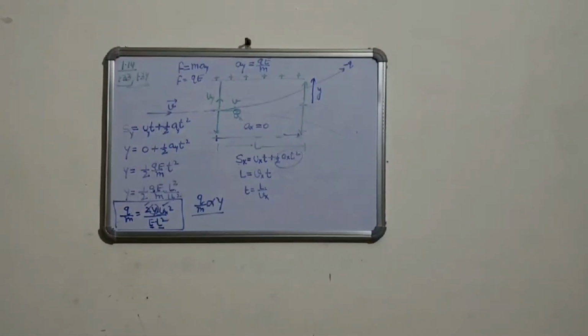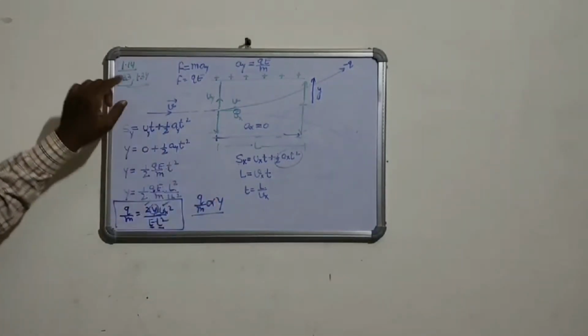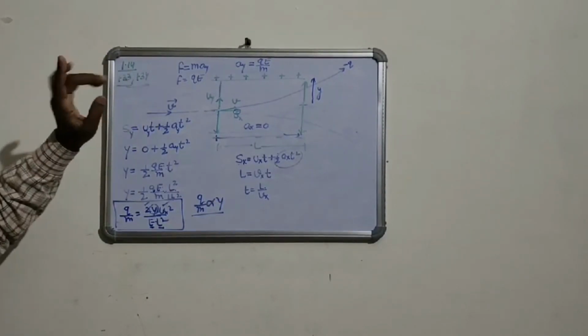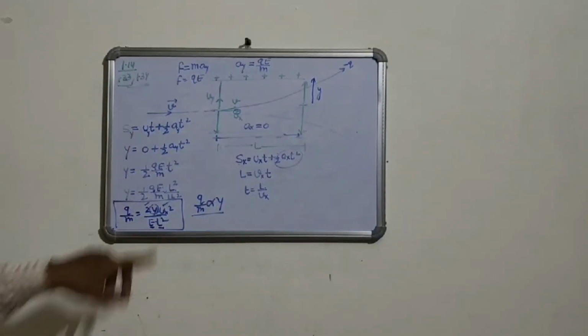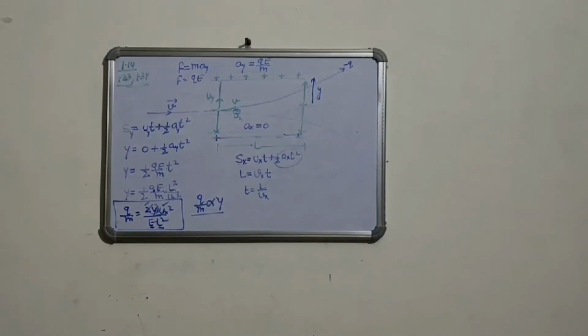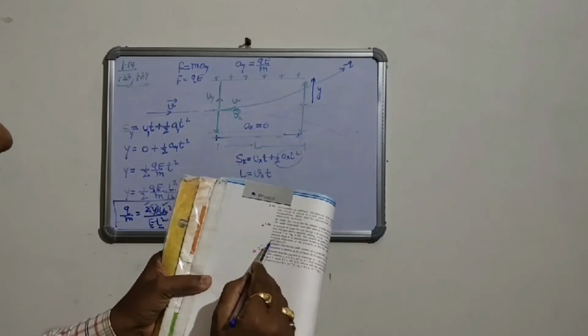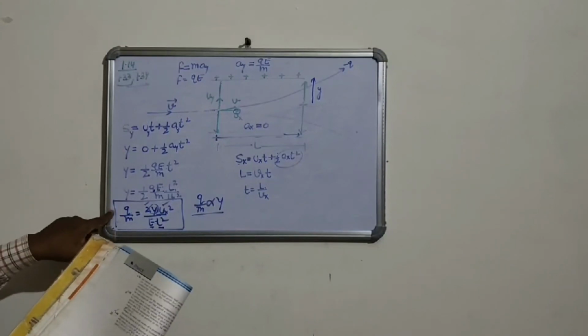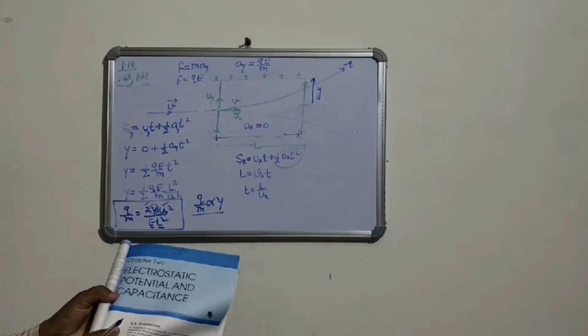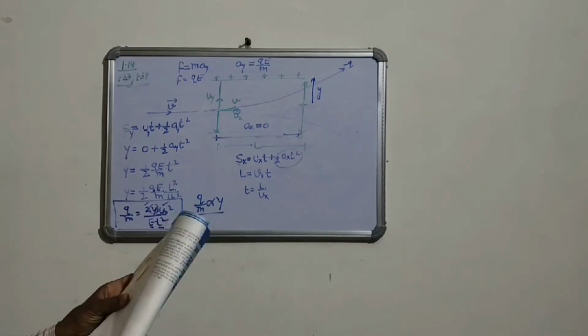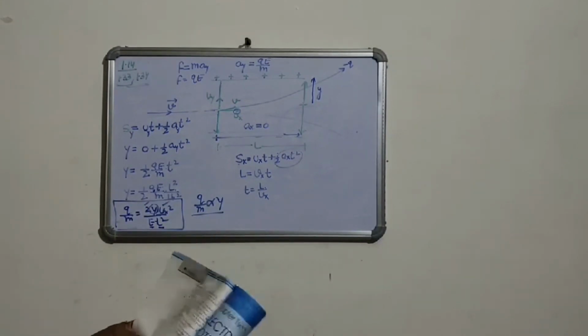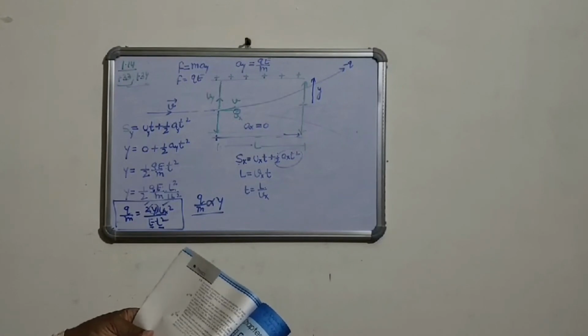Similarly, questions 1.33 and 1.34 are solved in the same way. Look here, according to question 1.33, the expression is QEL square upon 2mVx square. This is the deflection of the particle at the far edge.